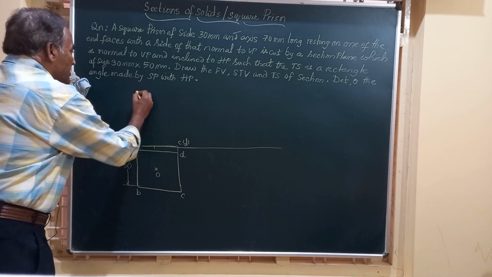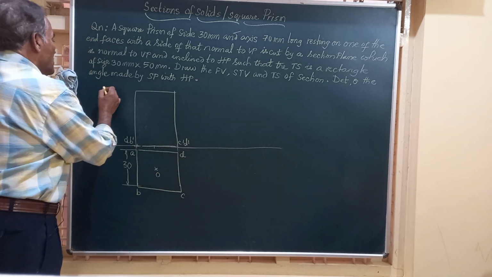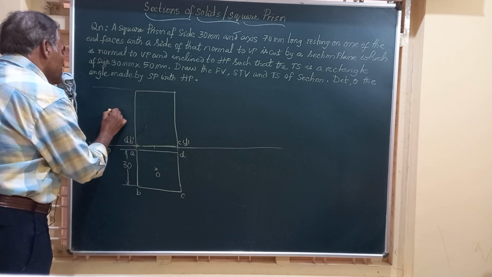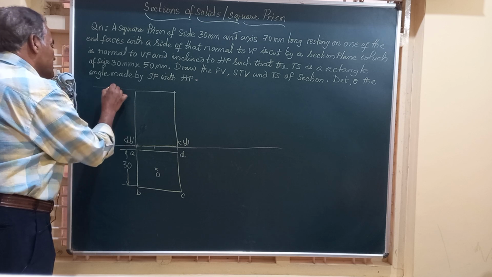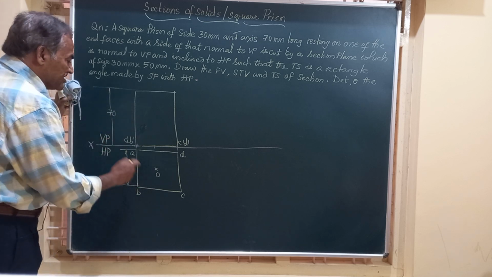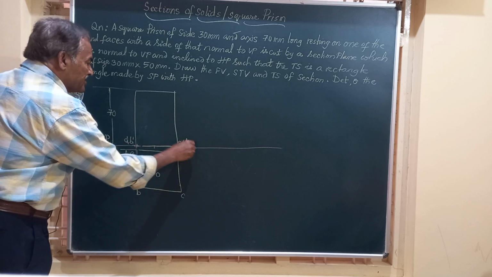So friends, we will have a rectangle in the front view, and this rectangle will have a height equal to 70 mm. That is given in the question. Let's mark this as A1 dash, B1 dash, C1 dash, D1 dash.